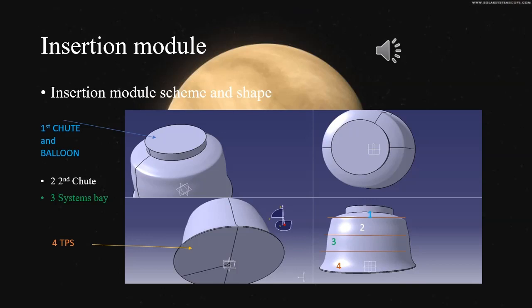Then we have a second parachute, which is going to further slow down our landing module. Then we have the systems bay, which is going to stay with us until we reach the planet. And then we have the ablative thermal protection shield.